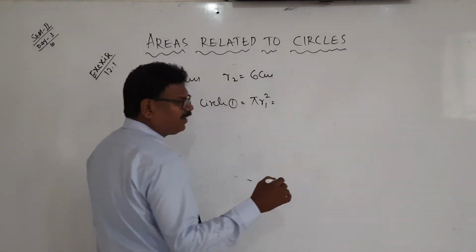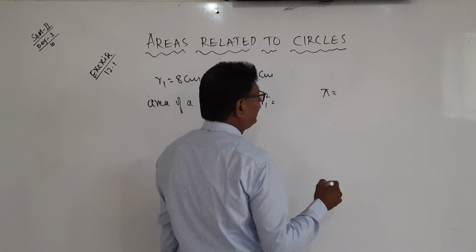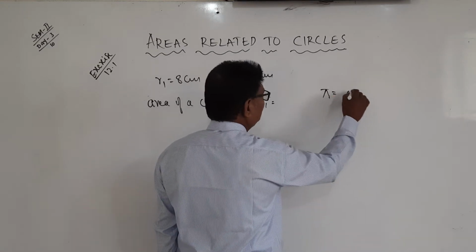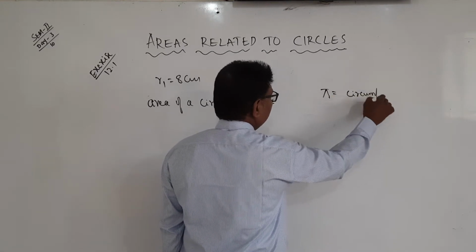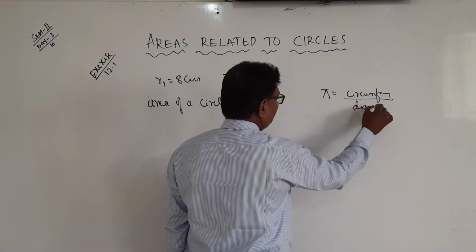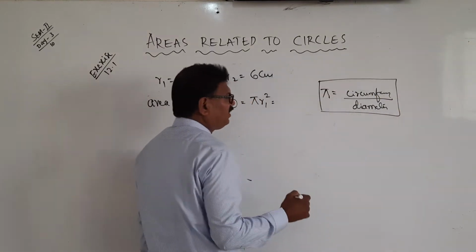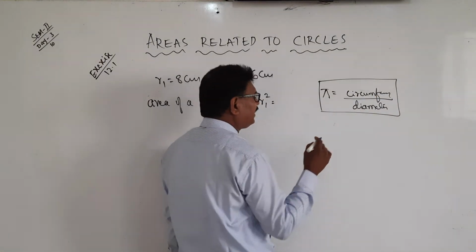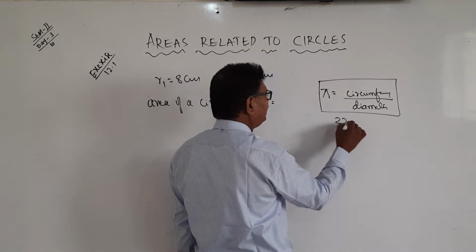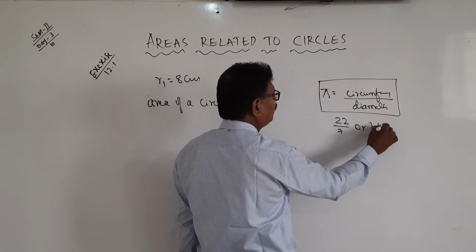Do you know what pi means? Pi is the ratio of circumference divided by diameter. Actually, the pi value we take in two forms: one is 22/7 or 3.14.